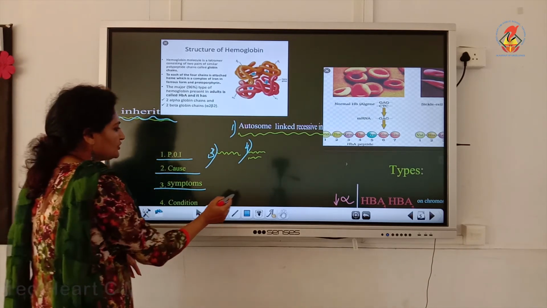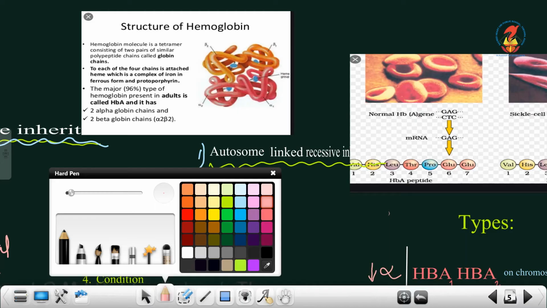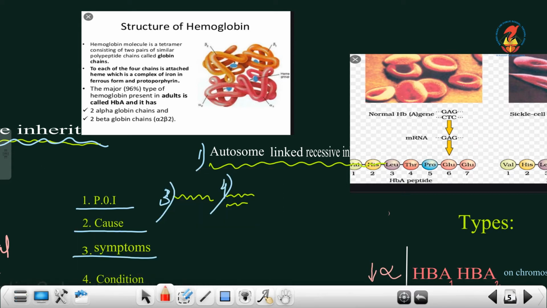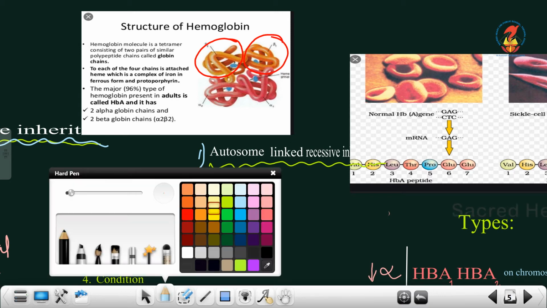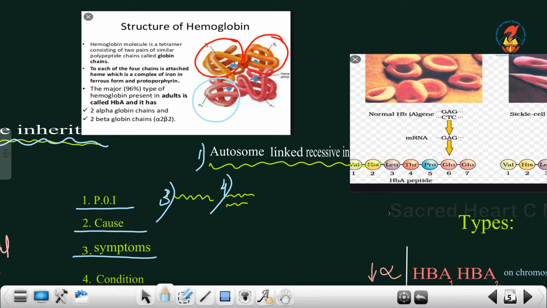So, I am going to show you in this figure. See, here is one beta chain and this is the second beta chain. What is in yellow is the beta chain and what is in red is the alpha chains.